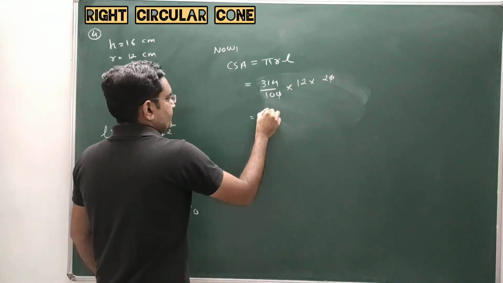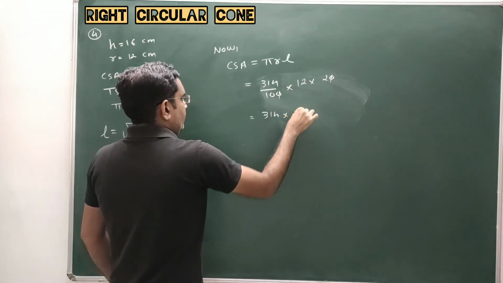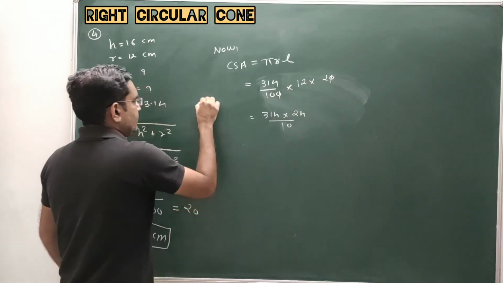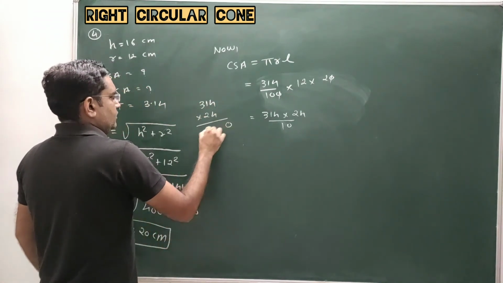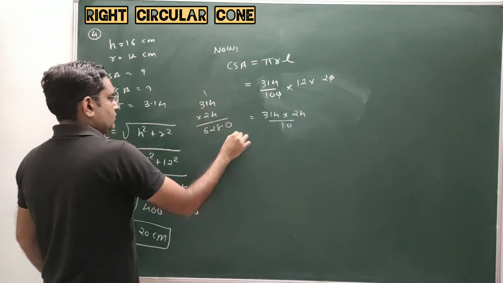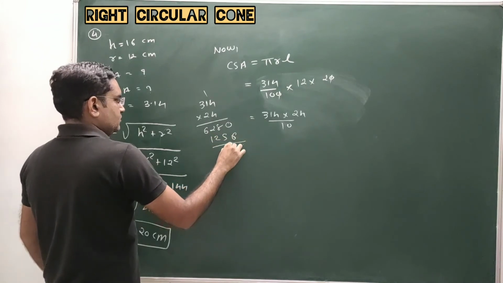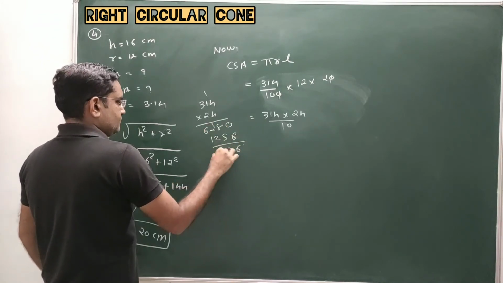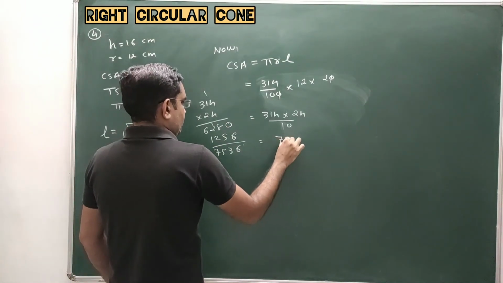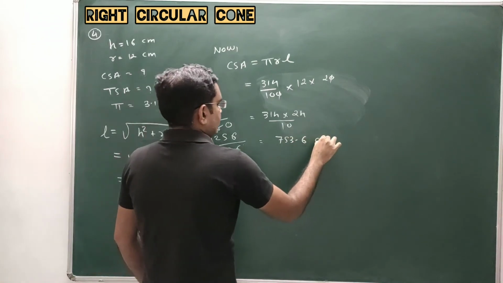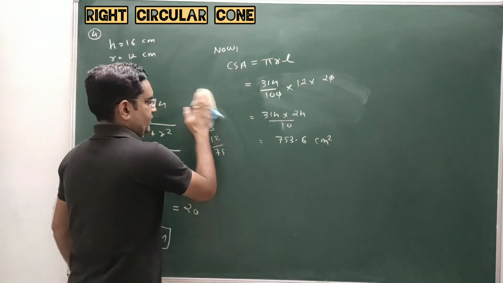Perform the multiplication: 314 into 24 by 10, which gives 753.6. So 753.6 centimeter square is the curved surface area.